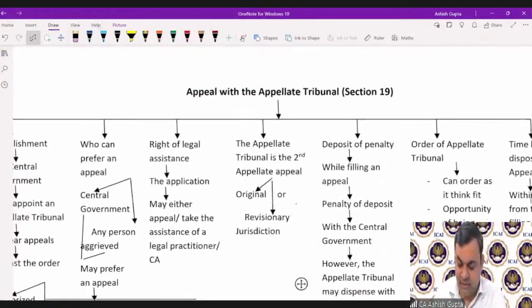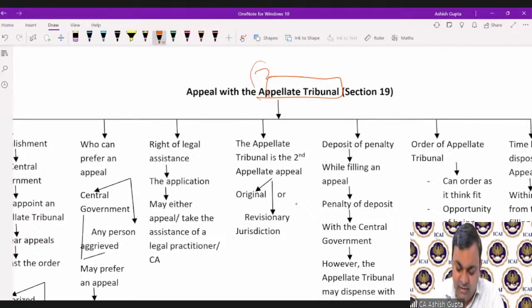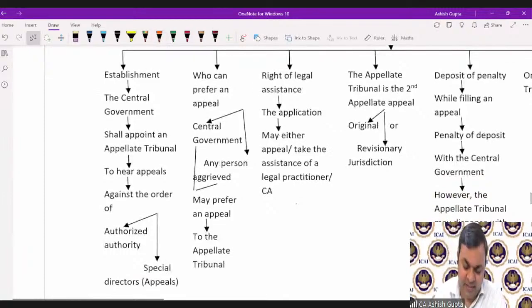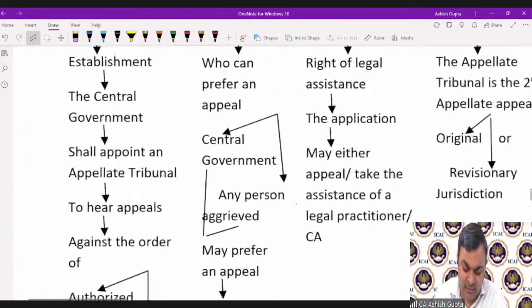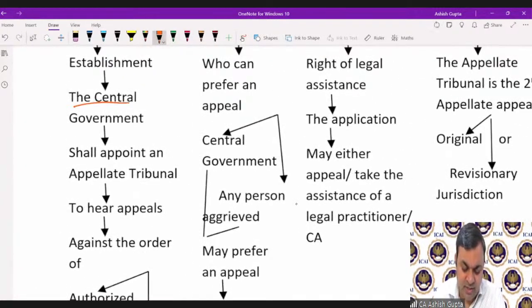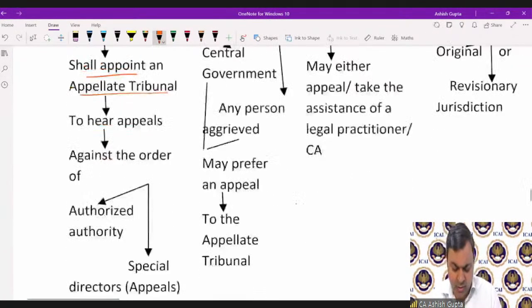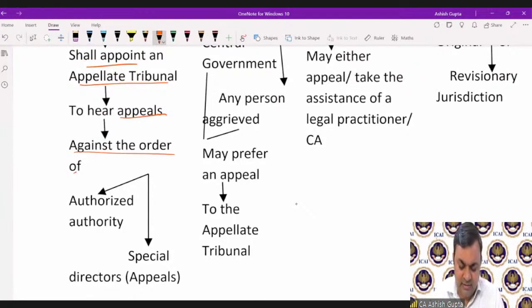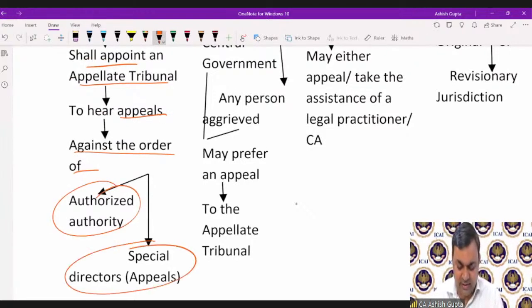Okay, FEMA charts. Now, second is appeal with the Appellate Tribunal, section 90. Establishment. Again, there is a central government. The central government shall appoint an Appellate Tribunal to hear appeals against the order of first and second, right?